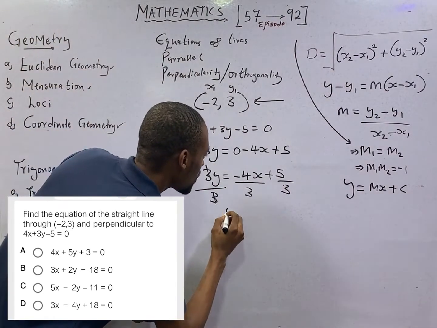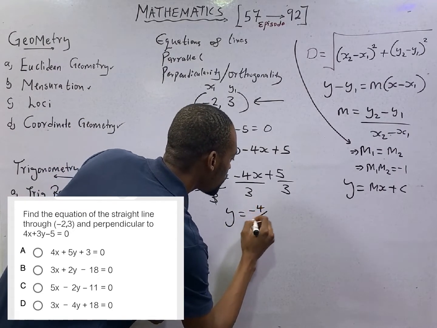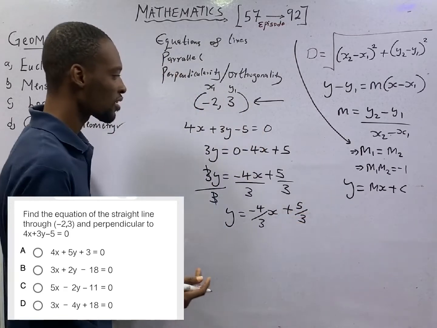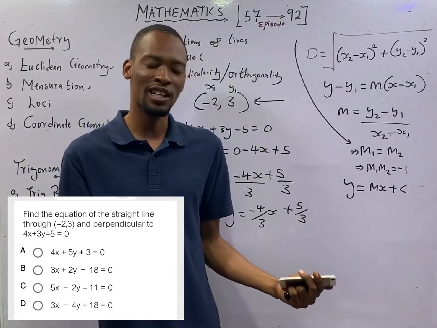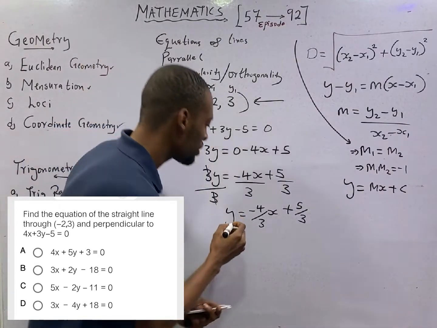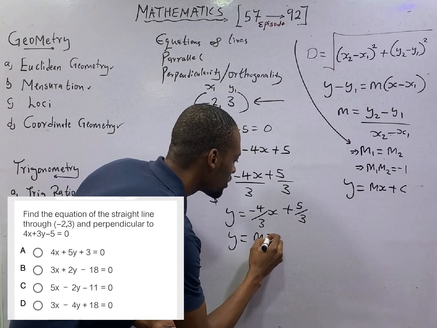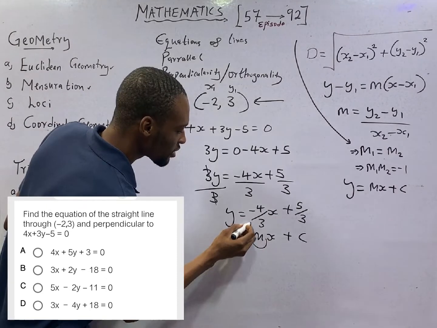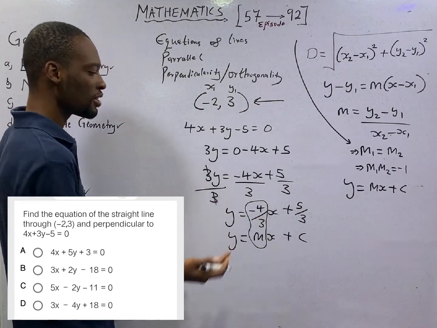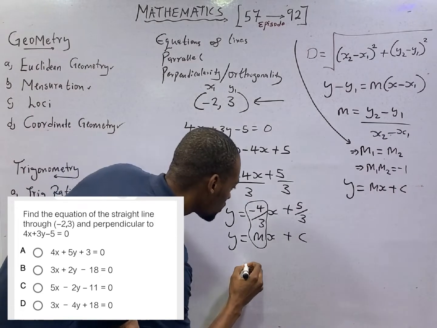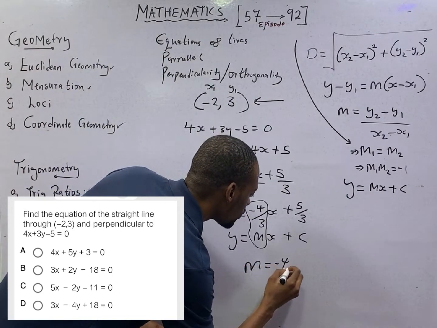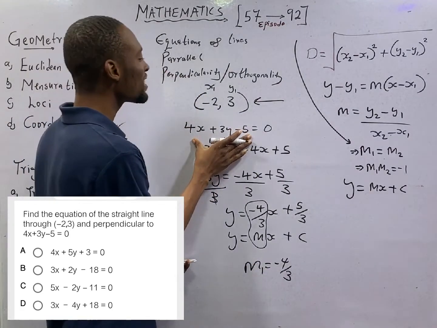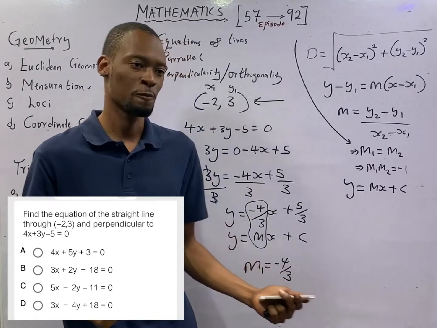So y = -4/3 x + 5/3. Comparing it to the general formula y = mx + c, m = -4/3. This is m1, so we've gotten our gradient from the first equation.